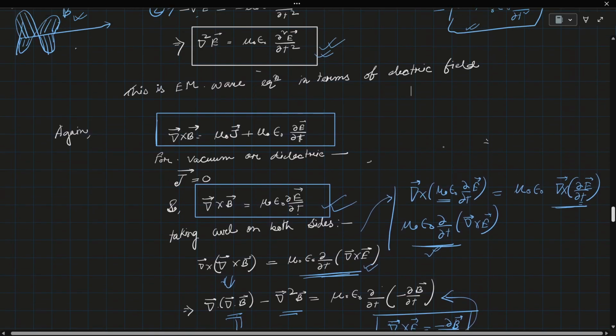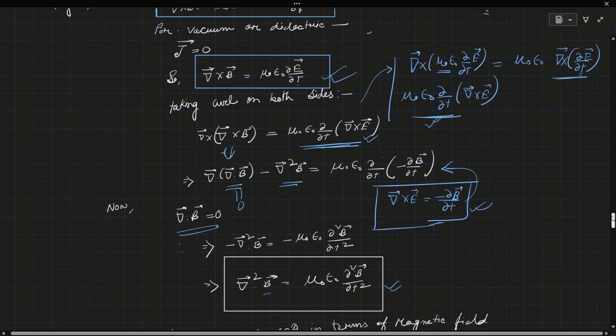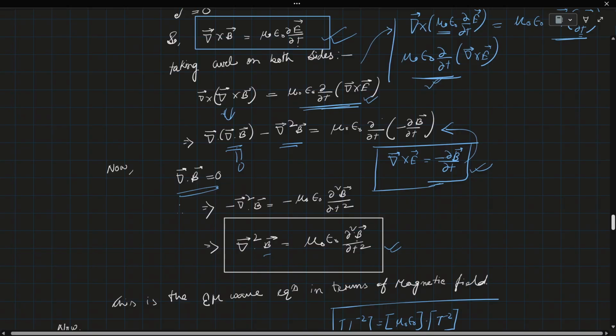In terms of electric field, we have this equation. If we just replace E by B, the magnetic field, we get the electromagnetic wave equation in terms of magnetic field, right?